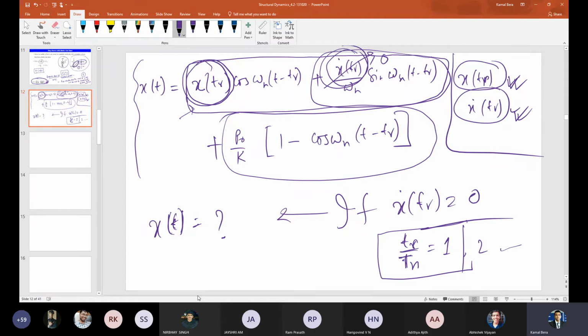Anybody facing any difficulty in doing the calculation? Any difficulty?